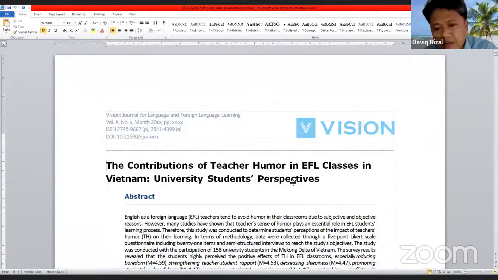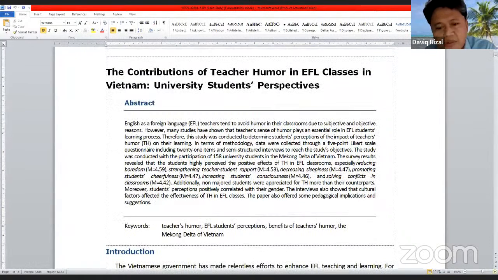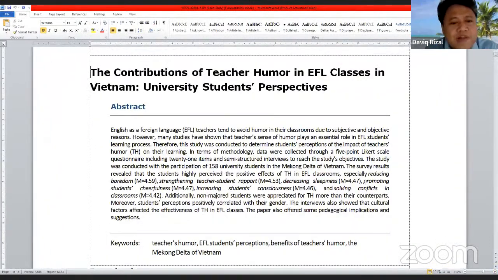The abstract here, let me read it. English as a foreign language teachers tend to avoid humor in their classrooms due to subjective and objective reasons. However, many studies have shown that teachers' sense of humor plays an essential role in EFL students' learning process. Therefore, this study was conducted to determine students' perceptions of the impact of teachers' humor on their learning.